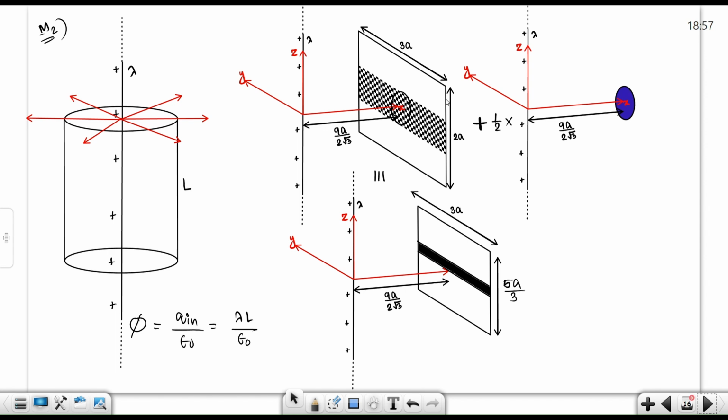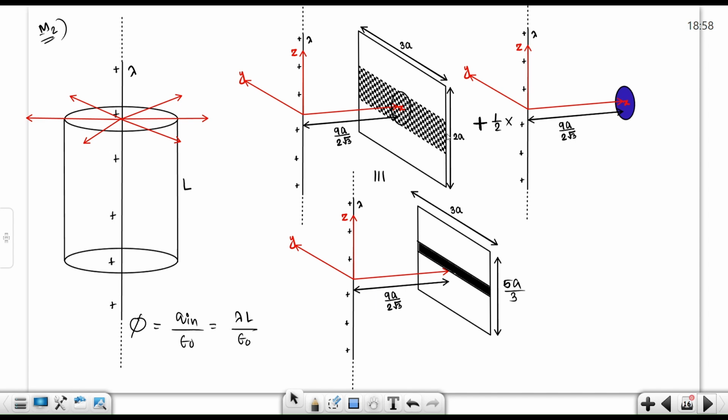Now we can see that this length, and this length, all of them are 2a upon 3. Now if I remove all the holes from this middle part and make it a solid area, then you can see that this width will decrease and it will be half of the width right now.